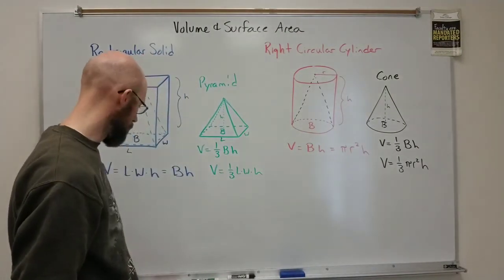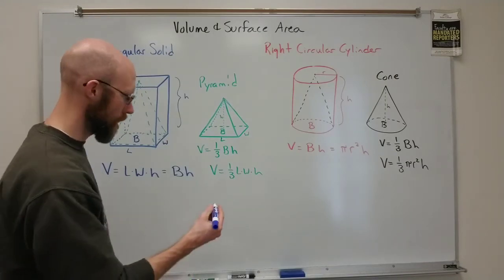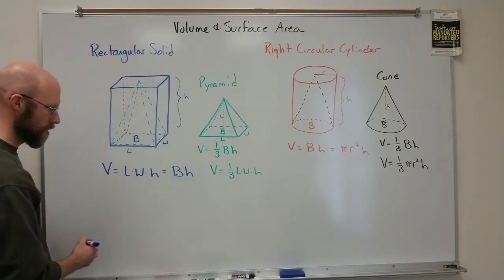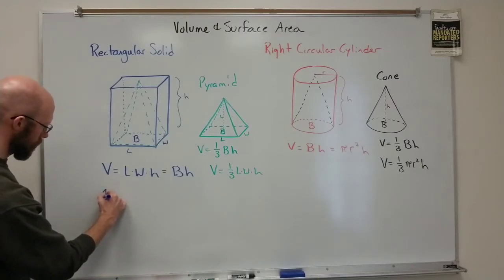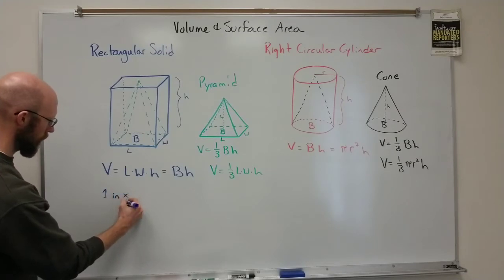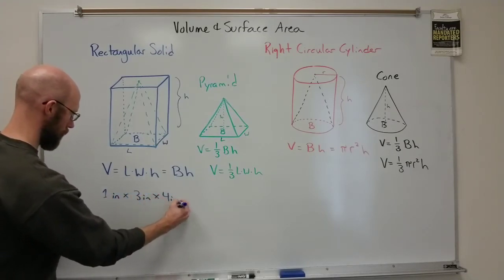If I had maybe I had a deck of cards. I don't know what the size of a deck of cards exactly is, but let's say it's like 1 inch by 3 inches by 4 inches or something like that.